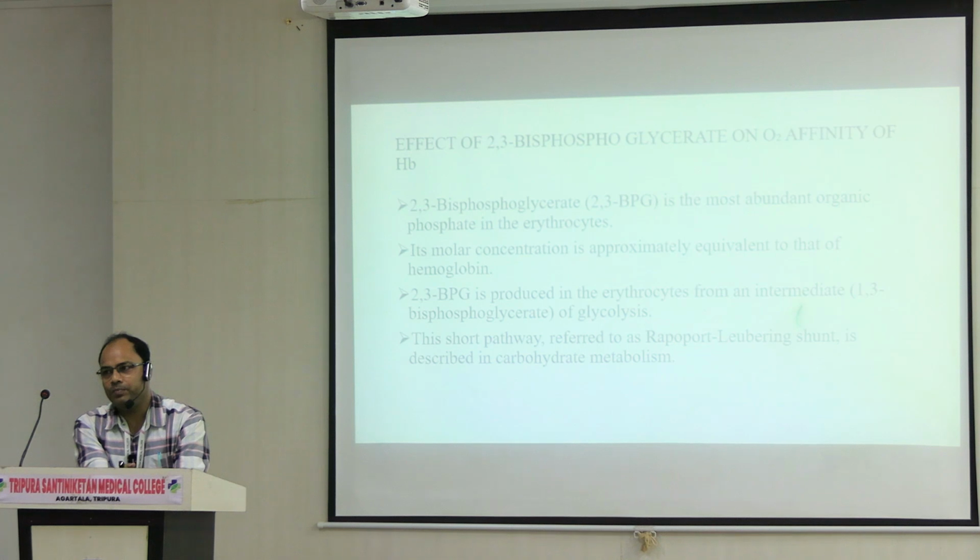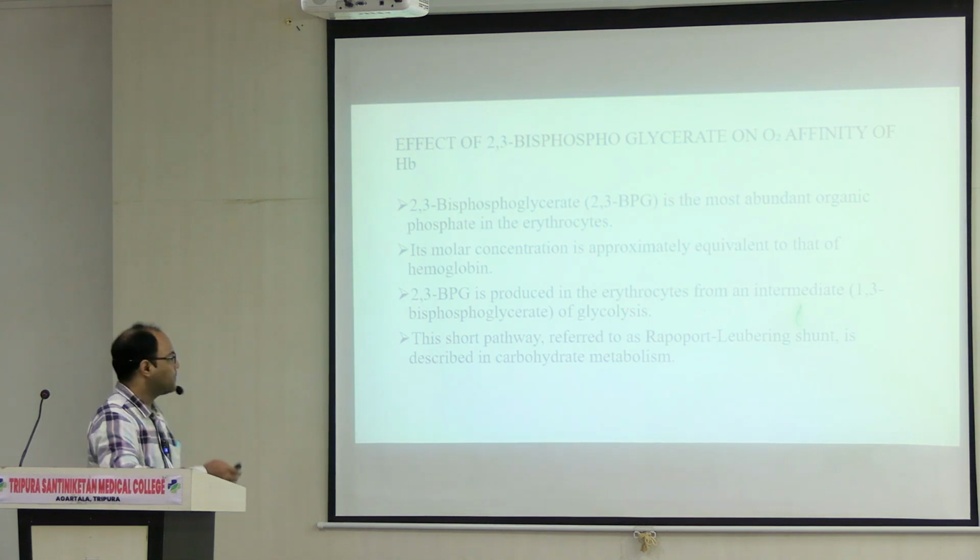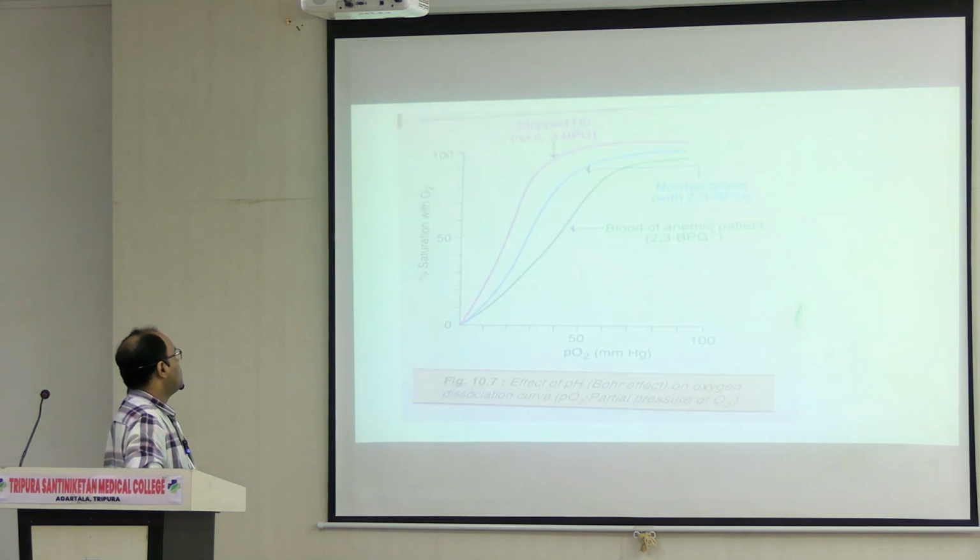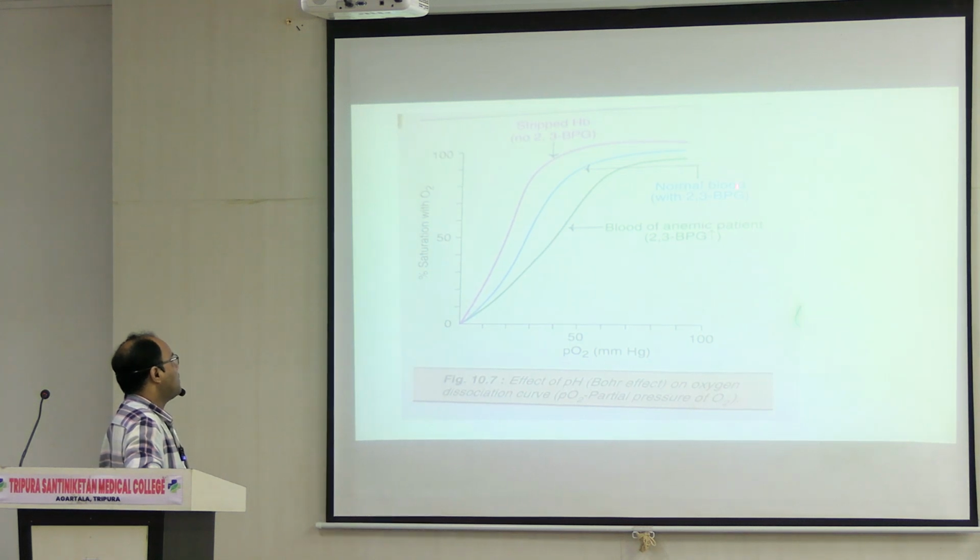Binding of oxygen depends on pH and partial pressure of carbon dioxide, which we already read in our acid-base lecture classes, and also depends on 2,3-bisphosphoglycerate. Next, you can see this is normal blood with 2,3-BPG.